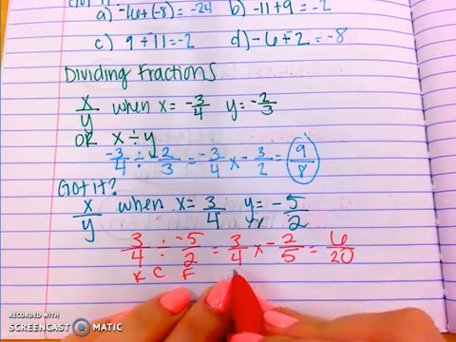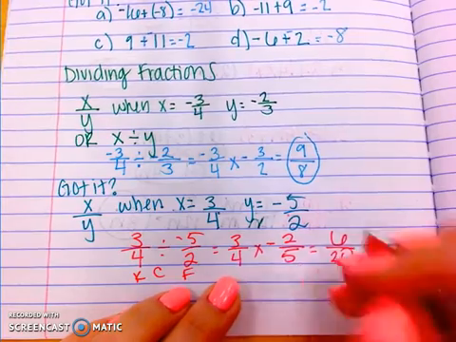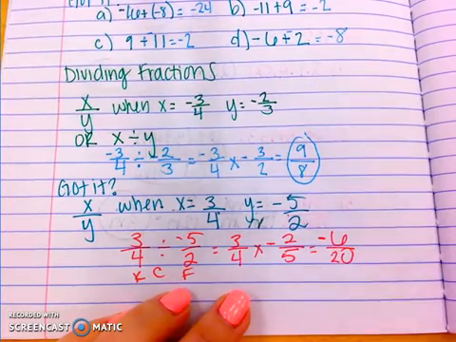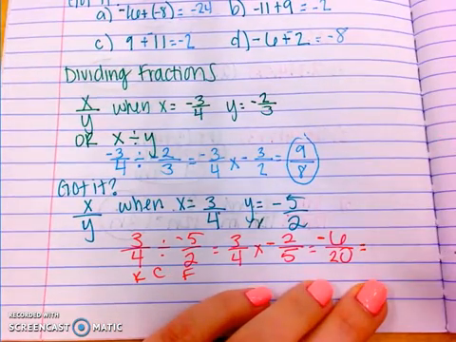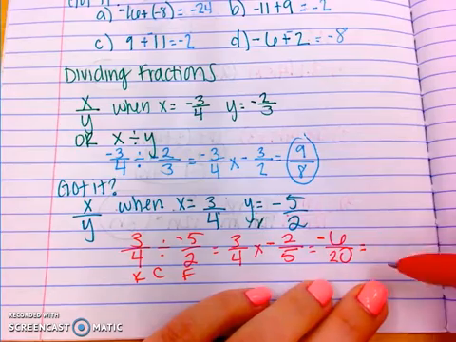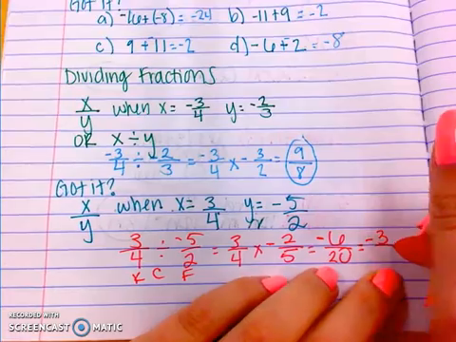And a good thing, so a positive number times a negative number, a good thing to a bad person is a bad thing. Okay? And you also know that we can reduce this. They're both even numbers, so 2 goes into both of them. So I can reduce it to negative 3/10.